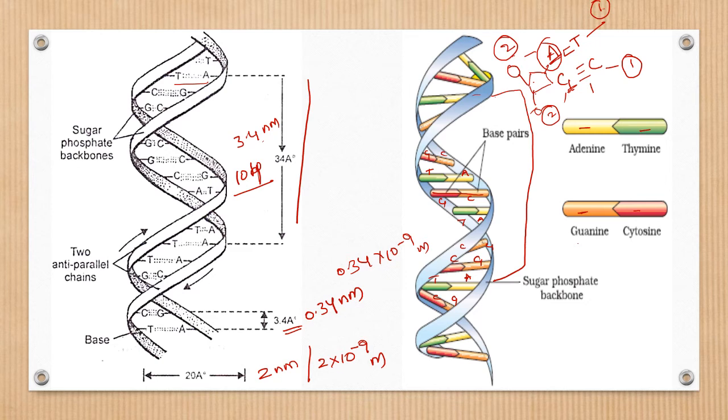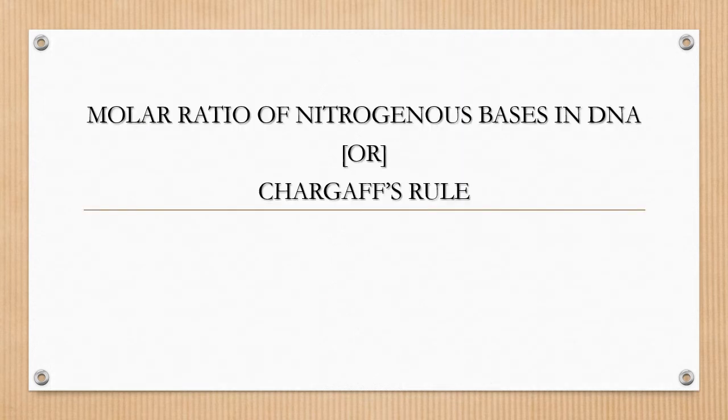So please be careful: the structure of DNA is a very important 5 marks essay question. The next concept is the molar ratio of nitrogenous bases in DNA, the molar ratio or Chargaff's rule.